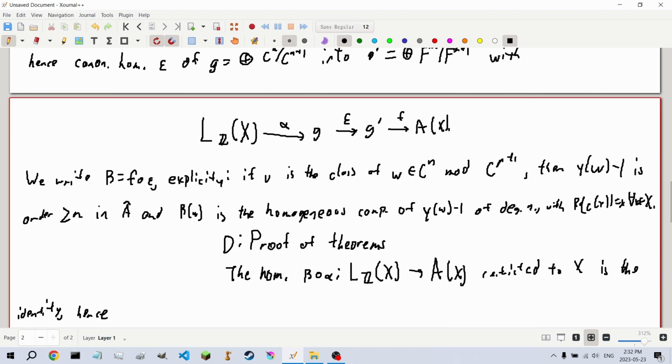Hence, this homomorphism is the canonical injection. Thus, alpha is injective, and as we've already proven, it's surjective. Thus, bijective, giving the second theorem.